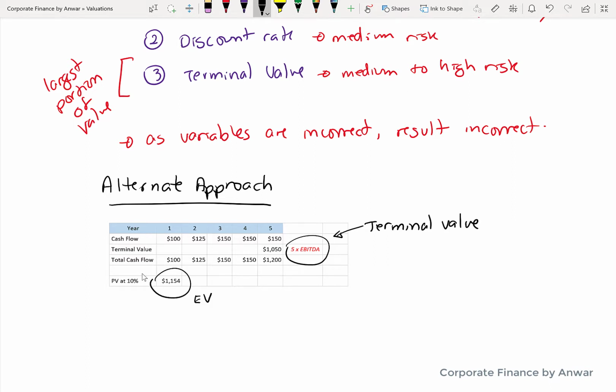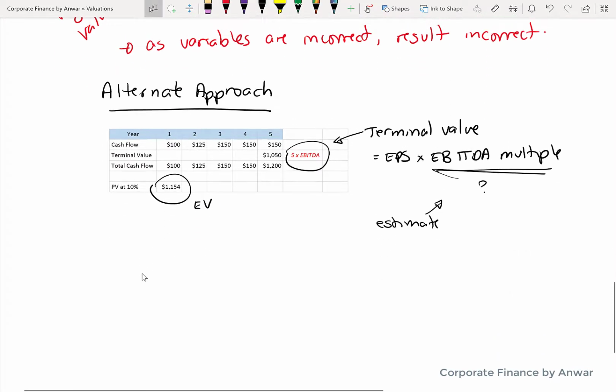Okay, so if the EBITDA in year 5 is going to be 150 million, and let's assume we take an EBITDA multiple of 5 times, then you basically would multiply your cash flow during that year by 5 times, and that would give you the projected value of the company as a terminal value at that time.